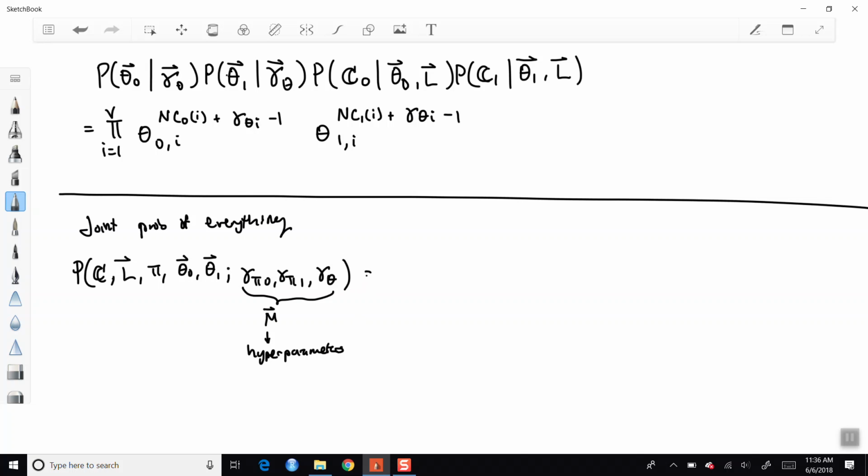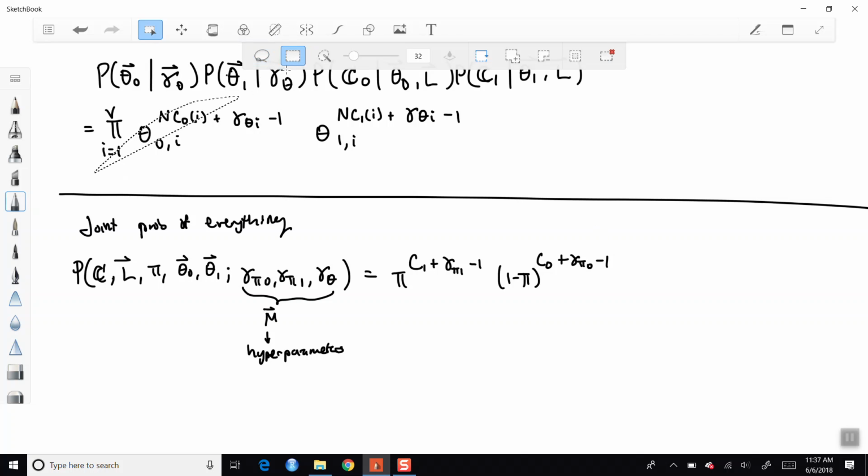Okay, this becomes, and I'm just taking the thing that we had earlier, pi raised to the count of documents in class 1 plus gamma pi 1 minus 1, and 1 minus pi raised to the count of documents in class 0 plus gamma pi 0 minus 1, and multiplied by this thing right here, which we just did.